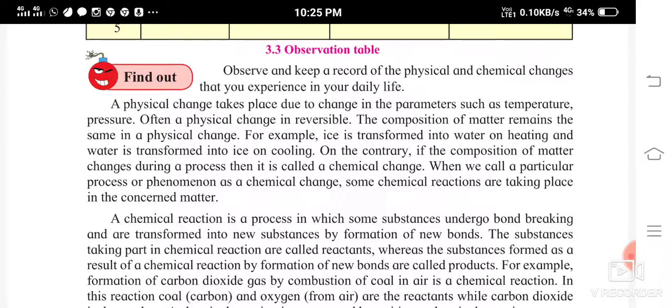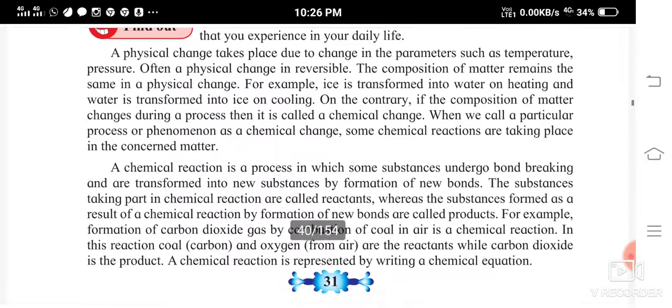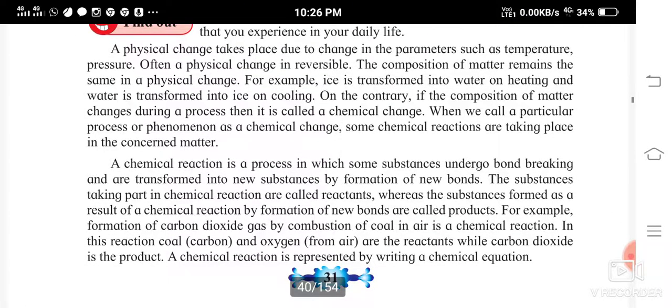A physical change takes place due to change in parameters such as temperature and pressure. Often a physical change is reversible. Most of the time, the physical change which is there is a reversible change. Just like I told you, ice can be converted into water, water into vapors, and again vapors can be converted into water, and water can be converted into ice.